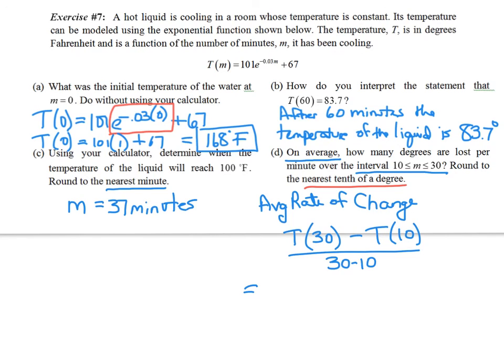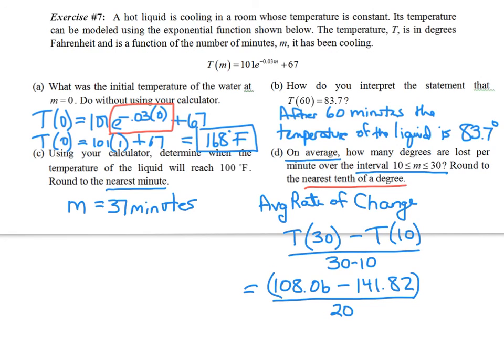So on my table of values, I found that at time 30, the temperature was 108.06. As long as I've got one additional decimal place beyond what I want to round to, then I'm going to be okay. Minus T of 10, and again, I just used my table. So minus 141.82, and I'm going to do that subtraction first, so I'm going to put that in parentheses, and then I'm going to divide by 20.